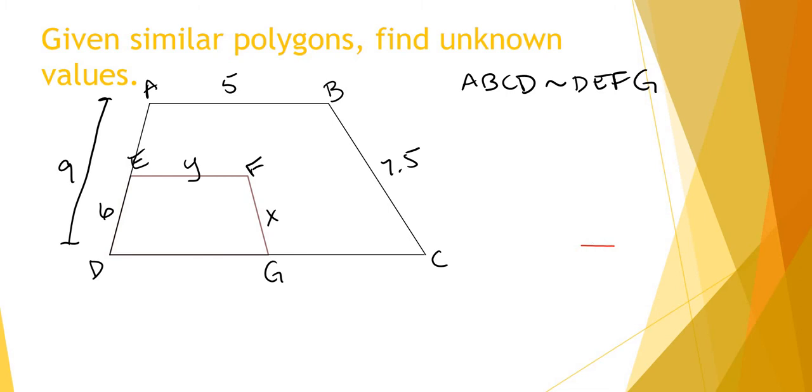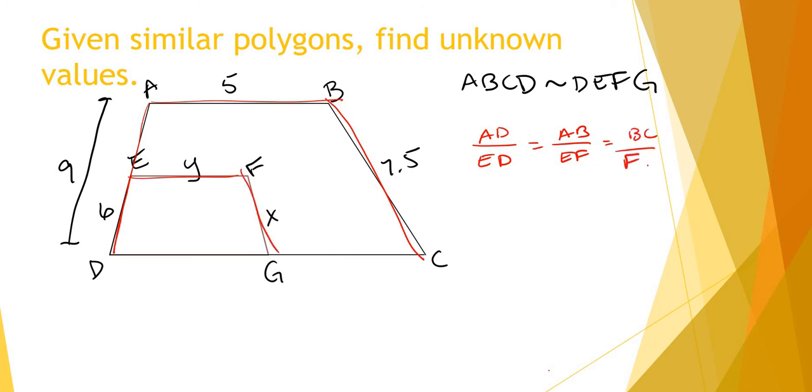Therefore, the ratios of the side lengths should be equivalent ratios. So I know these two side lengths. I know that AD to ED should be equivalent to the ratio of AB to EF, which should be equivalent to the ratio of BC to FG.